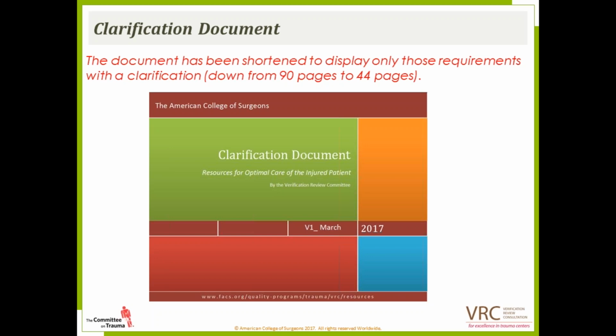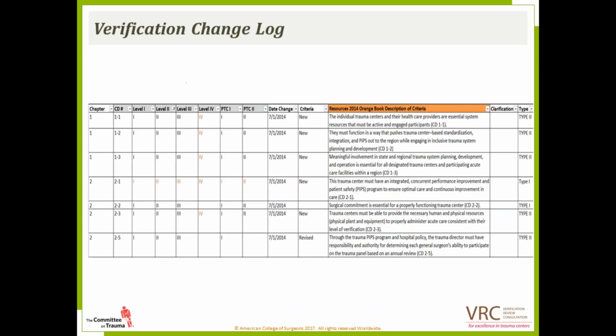As you may have known before, we had basically listed all 380 plus criteria on this document that was about 90 pages long, and we've condensed it to only display those that have a clarification. So you will see that going forward, that's how the document is going to be displayed.